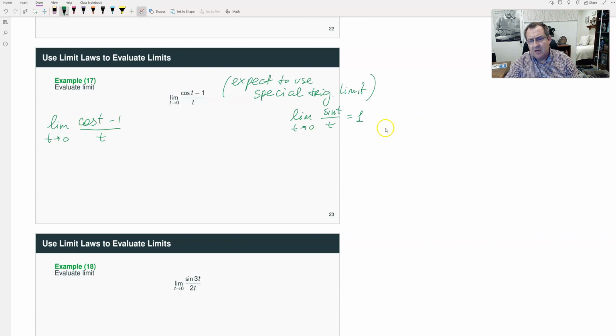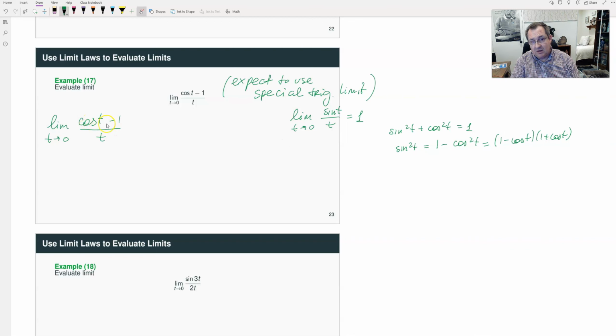One way to do it is to use the identity that sine squared t plus cosine squared t equals 1. And in particular, sine squared t can be traded for 1 minus cosine squared t. And 1 minus cosine squared t can be factored as 1 minus cosine t times 1 plus cosine t.